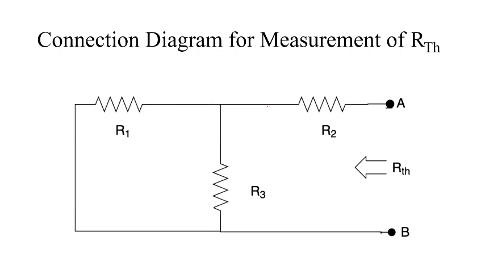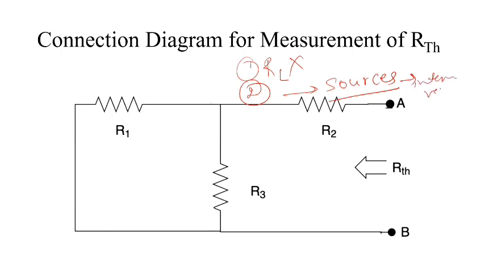The next step would be measurement of Thevenin's resistance. The steps required are simple. Firstly, you are going to remove your load resistance, and secondly, you are going to replace all your sources in the circuit with their internal resistances.